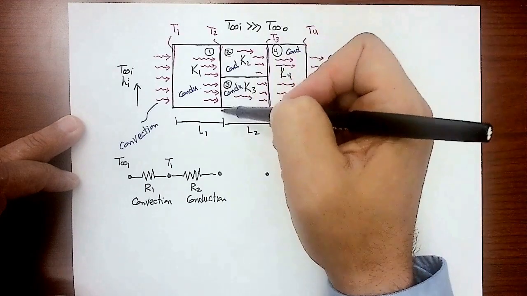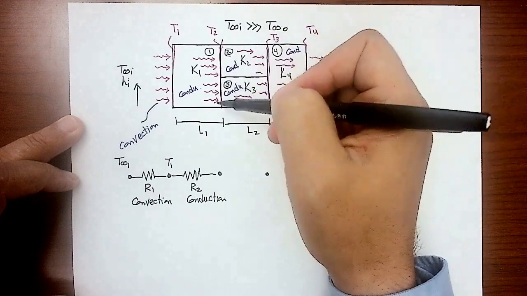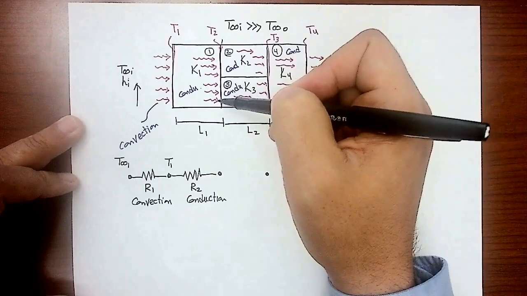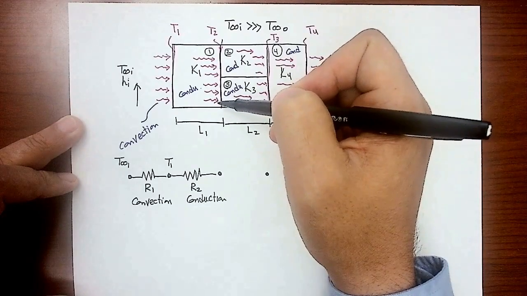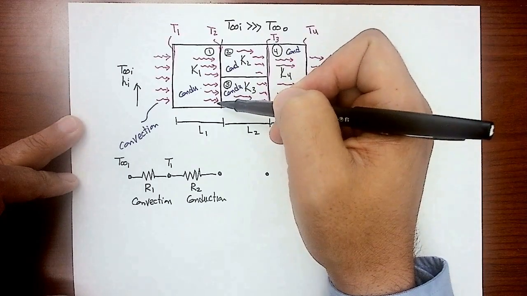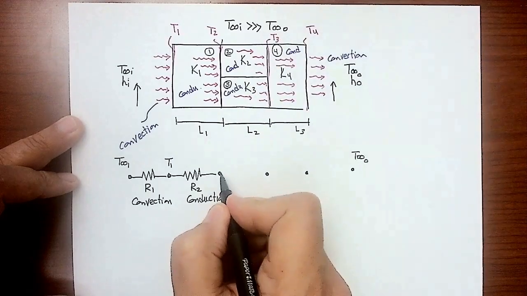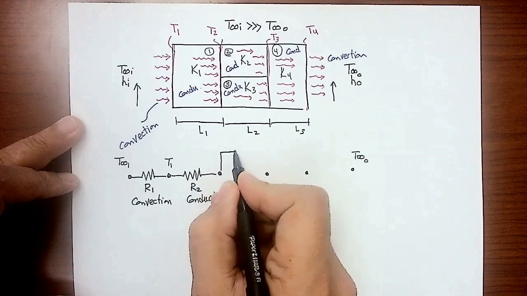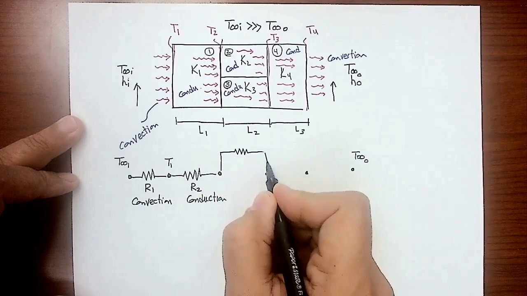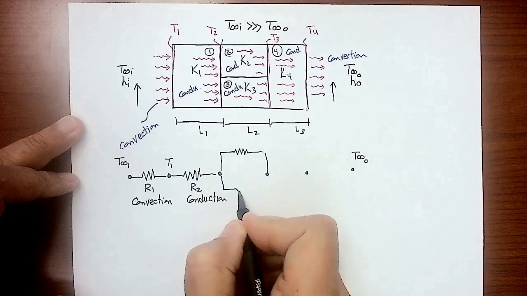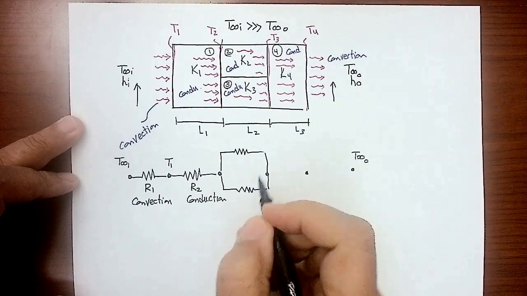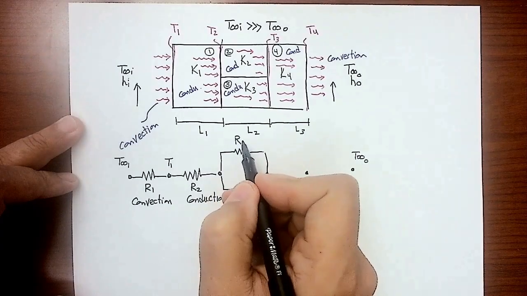Now, the energy at face 2 has to be divided. When the electric current gets divided, these are parallel resistances. So I'm going to break down the energy into two parallel resistances, each one of them conduction.